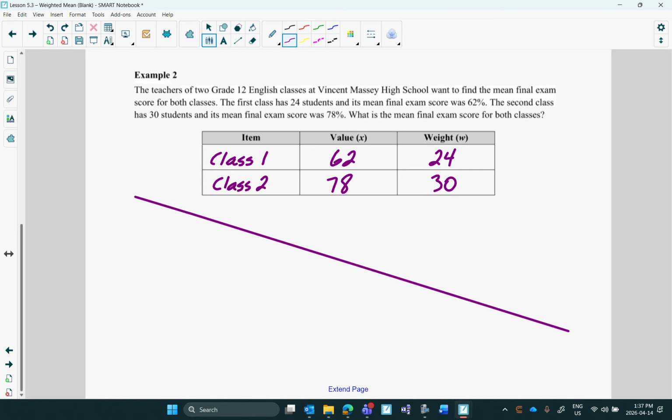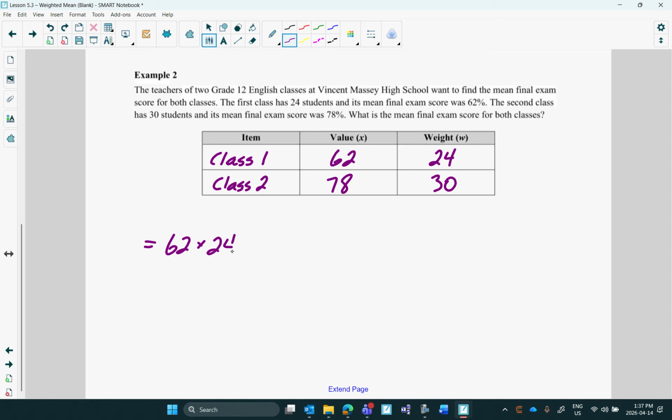So to find the answer, we would go 62 times 24 plus 78 times 30. And then on the bottom are the weights, the sum of the weights.